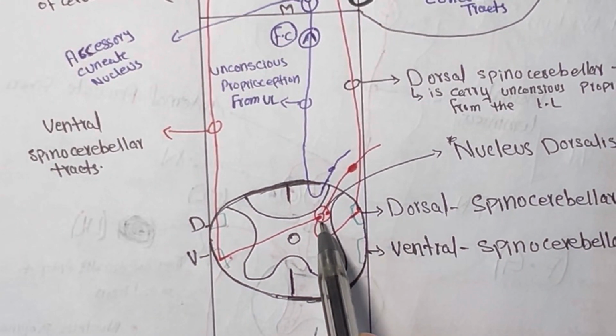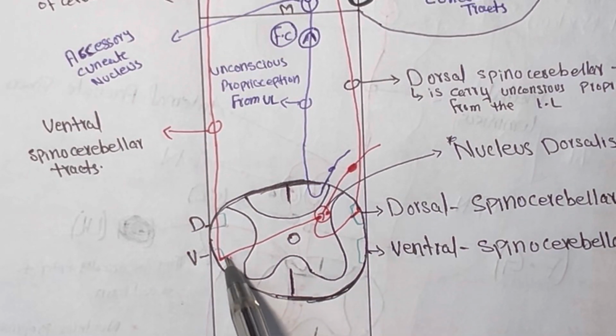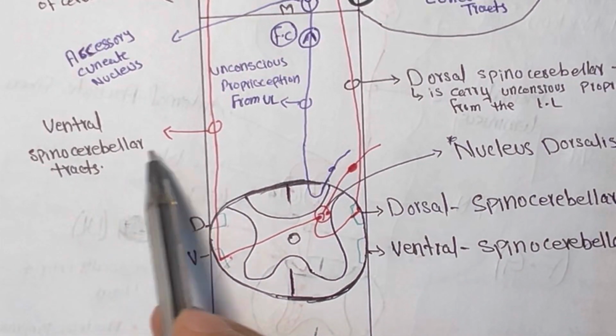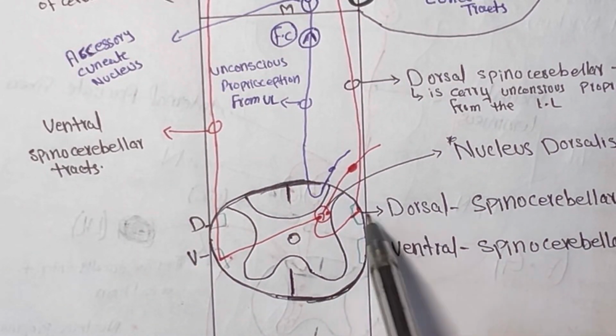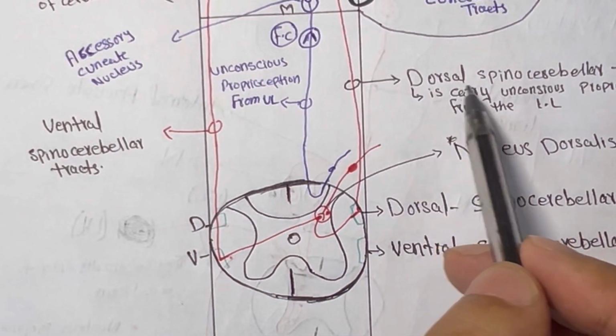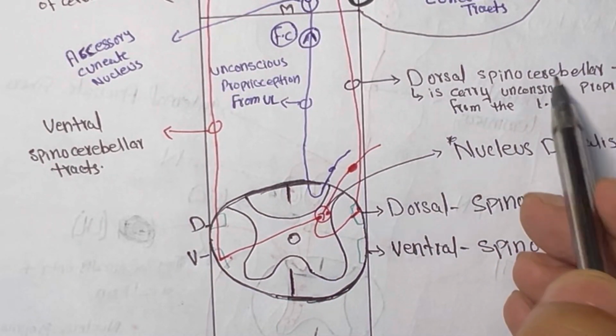From this nucleus, some fibers go ventrally, so this is called the ventral spinocerebellar tract, and some go back to the dorsal side, so this one is called the dorsal spinocerebellar tract.